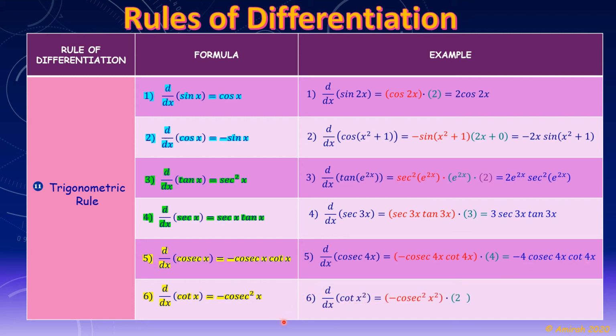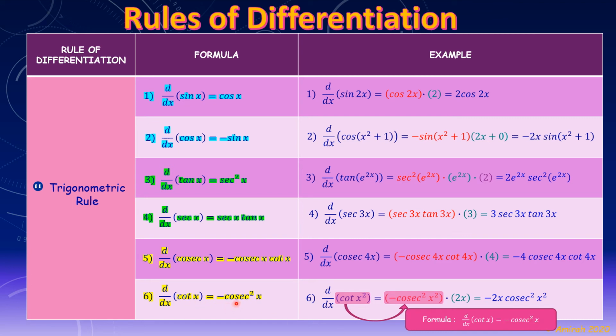And example number 6, how to differentiate cot x squared. Okay, after we differentiate, the answer should be like this. How do we get this? Okay, first step, from the formula, if we differentiate cot x, the answer is negative cosec squared x.